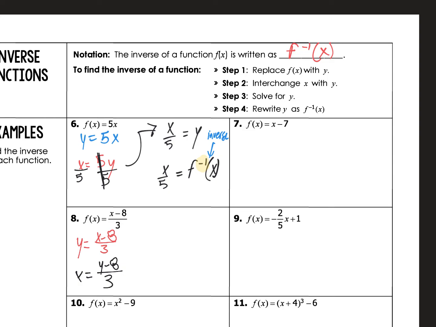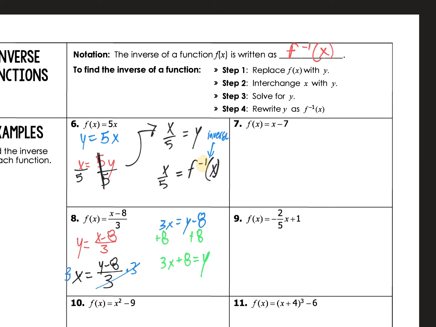Now, what am I going to do as I try to get this y by itself again? Let's do times 3 to both sides. So I've got 3x equals y minus 8. Let's move our 8 back over, so we got plus 8, plus 8. 3x plus 8 equals y.